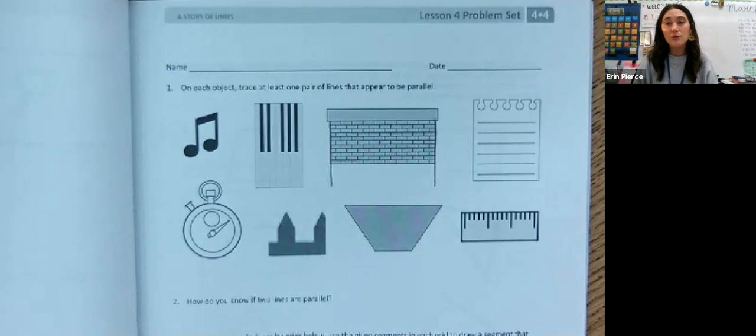I would like you to spend the next 2 minutes and find as many parallel lines as you can. Each object has at least one set. So in each object, you should have one set of parallel lines. Pause this video for 2 minutes.